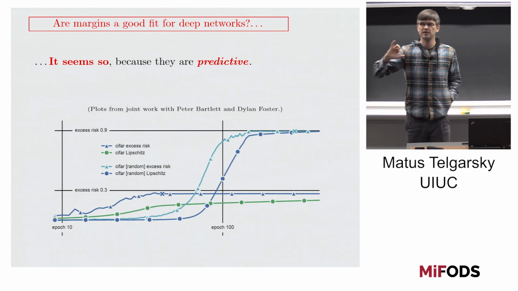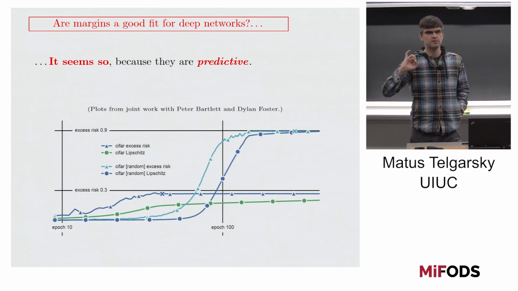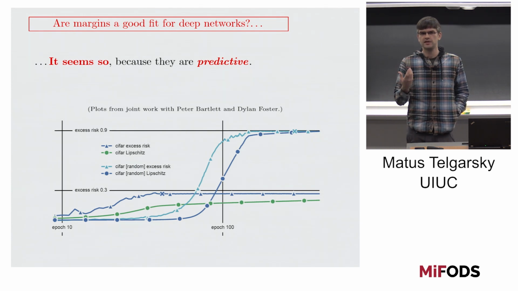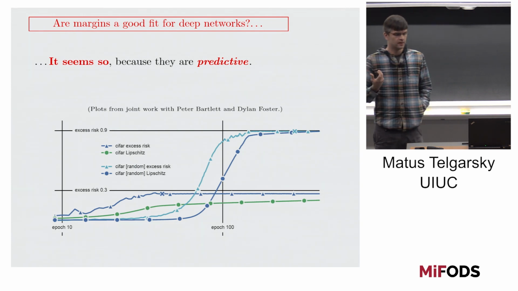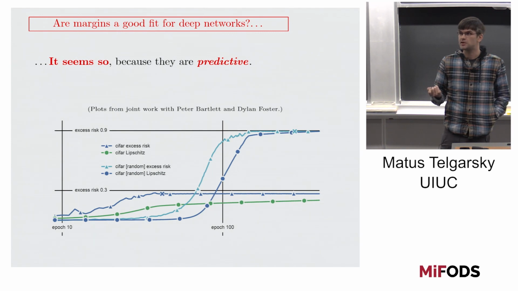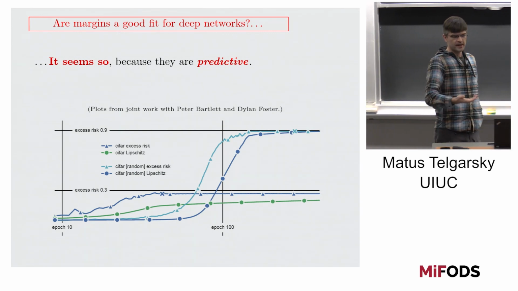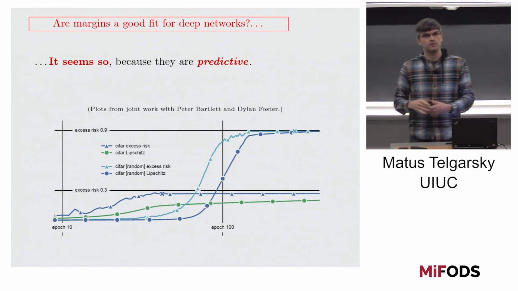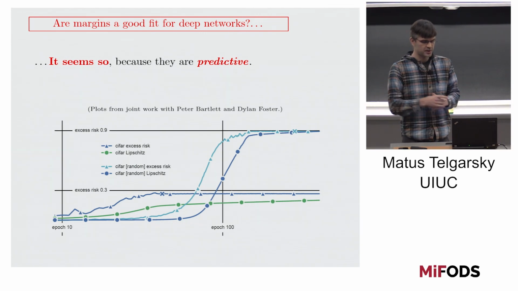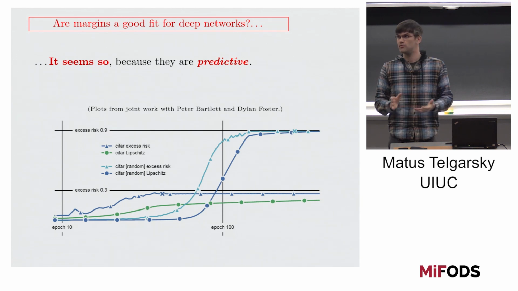So the Lipschitz constant of the network lines up with the observed excess risk. For me, this means that the Lipschitz constant is predictive of the generalization performance. Whether or not the bound is good, we can look at the Lipschitz constant and guess whether the network generalizes well. I should say that this plot is not cheating. There's no doctoring in it.